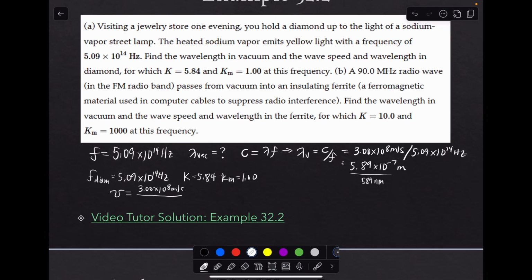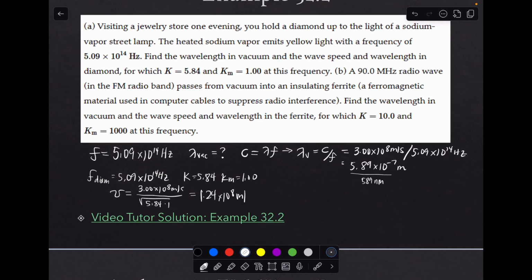C divided by the square root of 5.84 times 1. So it's going to go a lot slower. And now that we know that speed, which is 1.24 times 10 to the 8.